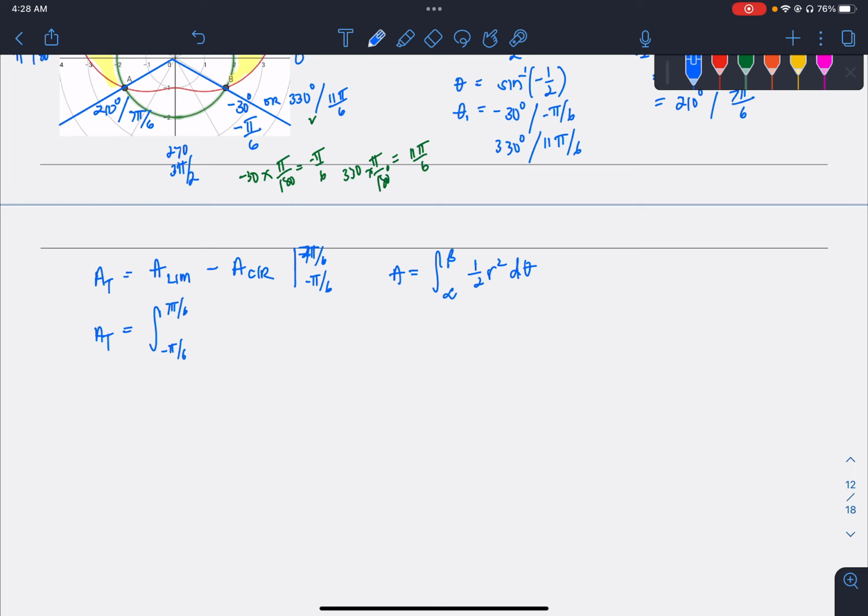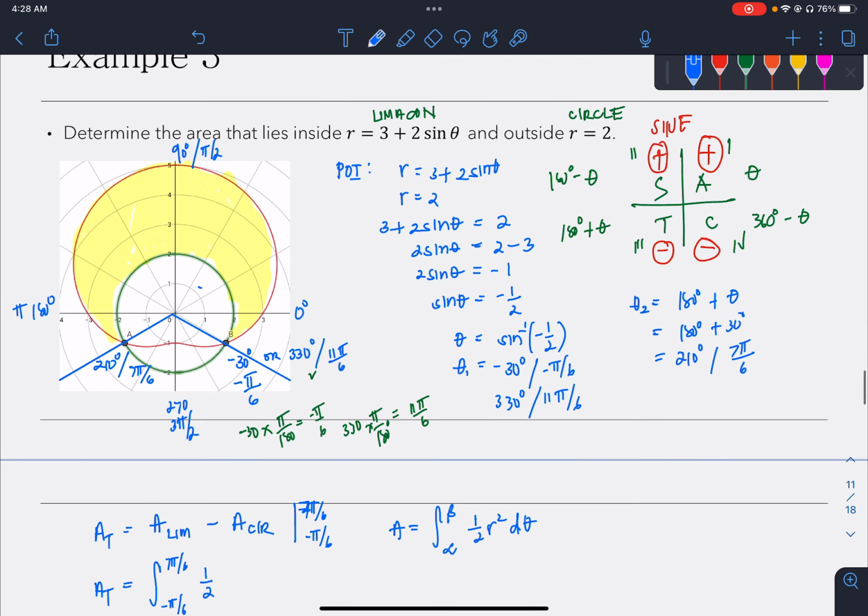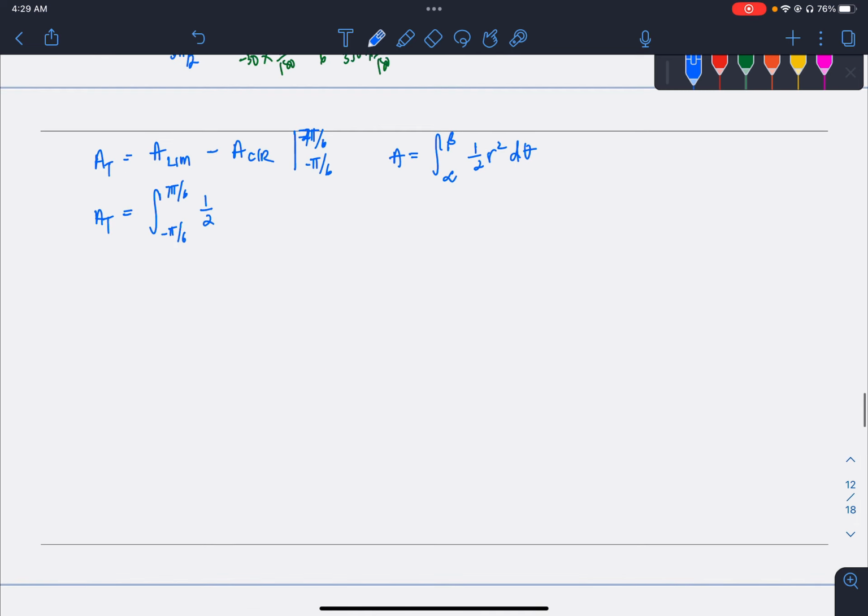And then the area of the limacon is 1/2 integral of r squared, where r is equal to 3 plus 2 sine theta. So that would be 3 plus 2 sine theta, squared, d theta.